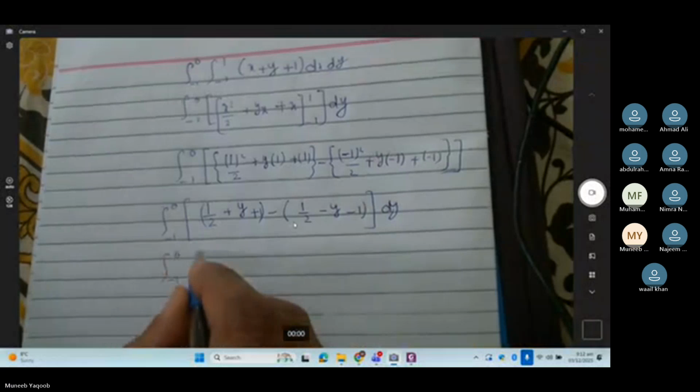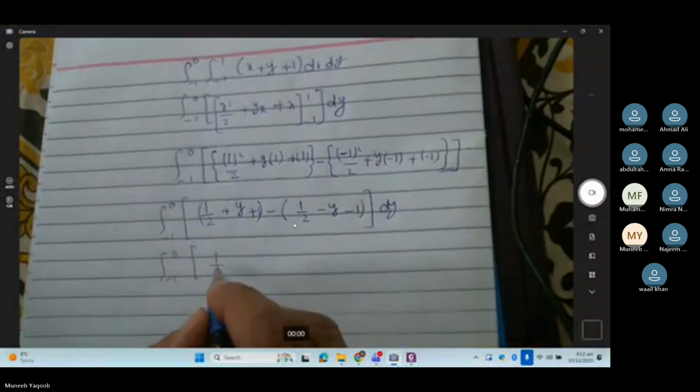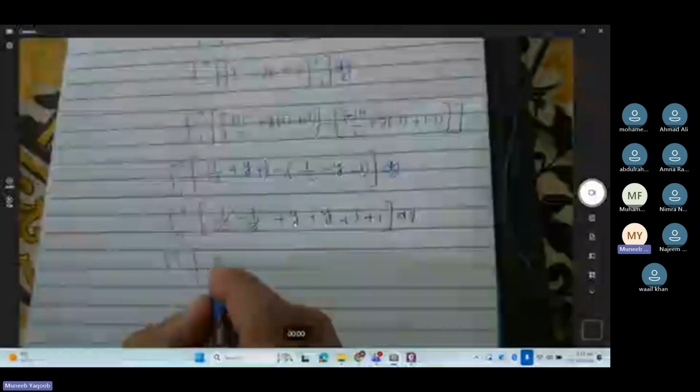It will become 1 upon 2 minus 1 upon 2 plus y plus 1 plus y plus 1, dy. So you can see this 1 upon 2 cancels with the other 1 upon 2. We are left with y plus y, which is 2y, and 1 plus 1, which is 2.